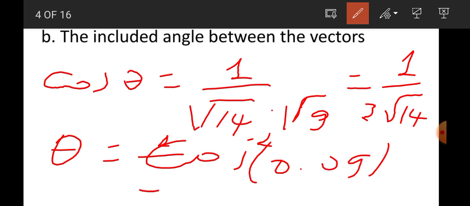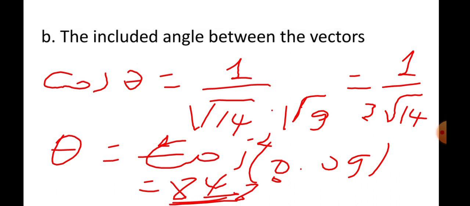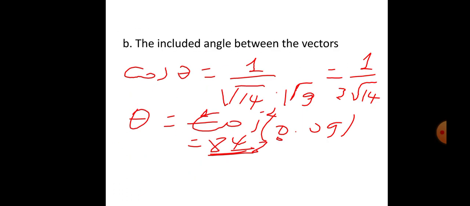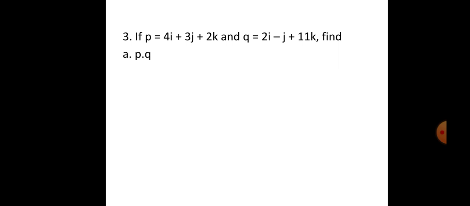So this is equal to 84.8 degree. This is the angle between vector A and vector B.